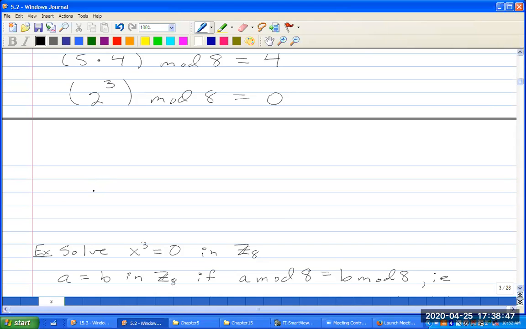Now 3 cubed, well, let's see what that is mod 8. That's going to be 27. 27 divided by 8 is going to be 24, so that's a 3. So the answer is 3, because I'm just looking at the remainder part.